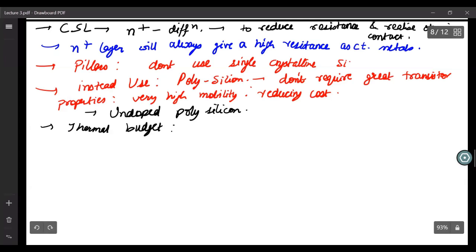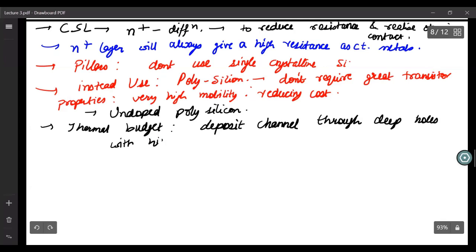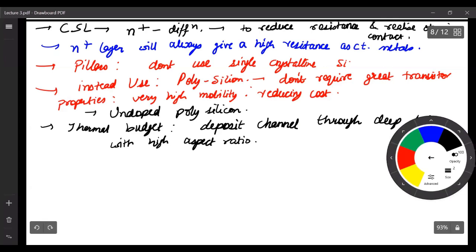Typically, how these things are made is they deposit these different control gate layers and insulator layers, and then they etch holes, and then they deposit polysilicon and the ONO layer. So they have to deposit the channel through deep trenches or deep holes with high aspect ratio. If they have to do it with silicon, it will require very high temperature.